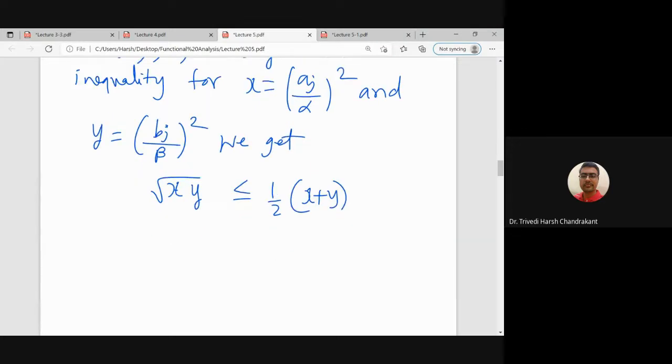So let us substitute this here. The square root of x times y is basically aj by alpha times bj by beta, which is less than or equal to half of x plus y, that is, aj square by alpha square plus bj square by beta square.